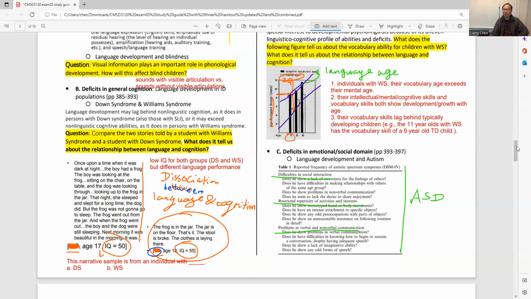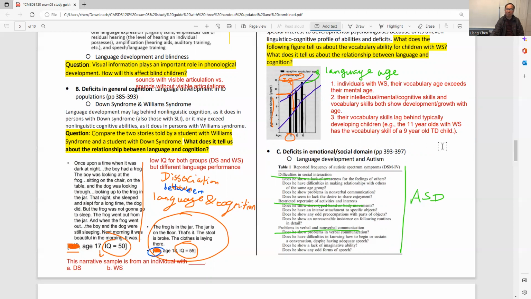So we will look at the strengths and weaknesses of children from different populations. We need to make sure that we know who they are being compared to. If comparing language ability with their cognitive skills, language is a strength for them.